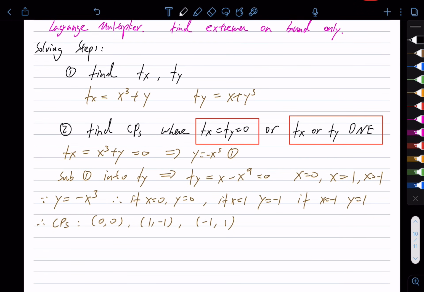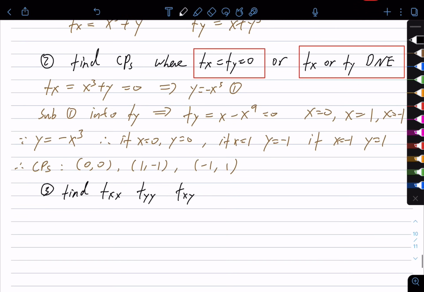What else we need to do, step 3, is find the second partial derivatives, which are fxx, fyy, fxy. In many cases, fyx should be equivalent to fxy, but we're just going to focus on fxy here.